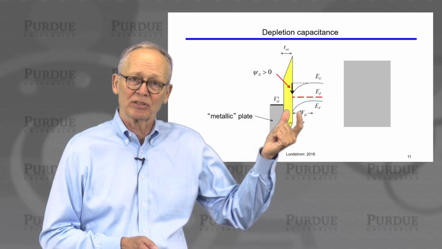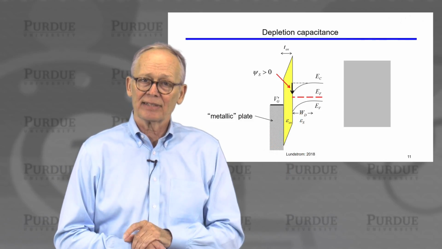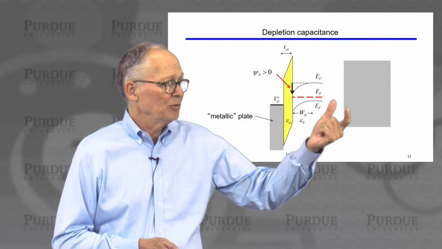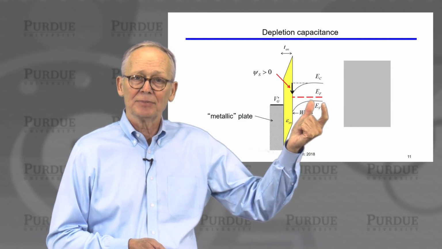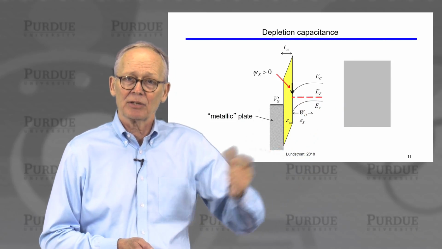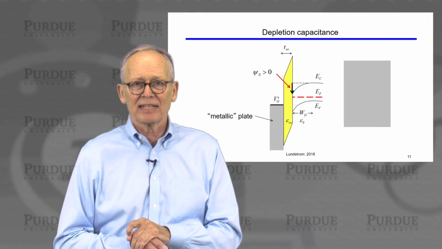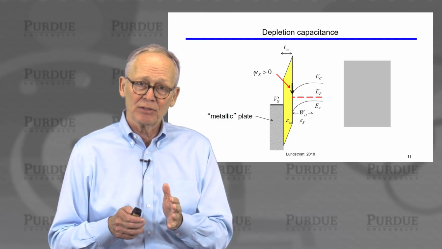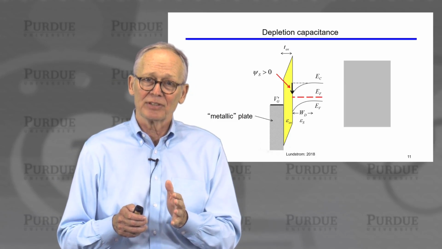It's basically an insulating layer that has the dielectric constant of silicon, or whatever the semiconductor is. And then we have a p-type semiconductor that is heavily or moderately doped, that is almost a metallic plate. So we have two metallic plates, and in between those plates we have two different dielectrics.